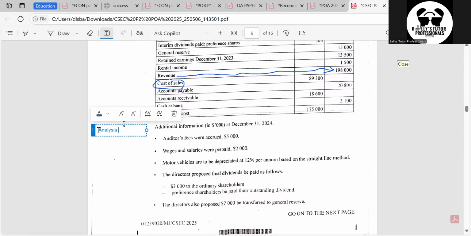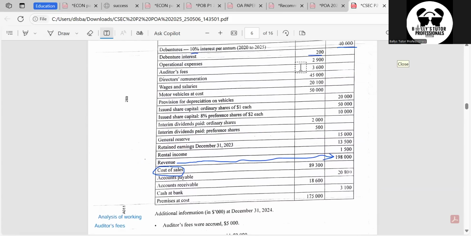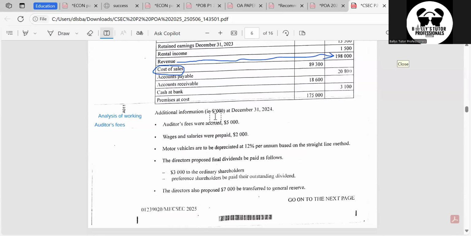Analysis of working. First thing we look at is the auditor's fees. They said auditor's fees was accrued. According to this, auditor's fees was 3,600. So that's how much we paid. But after we paid 3,600, we still owe 5,000. And we are recording in the income statement what was meant for the period.